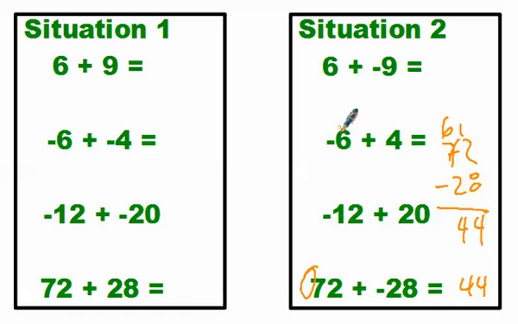If the number that was farther from 0 was negative, then my answer is negative. And there we have it. That is how we add with integers, and that's it. Just two algorithms. One when the numbers are the same sign, and one when the numbers are different.